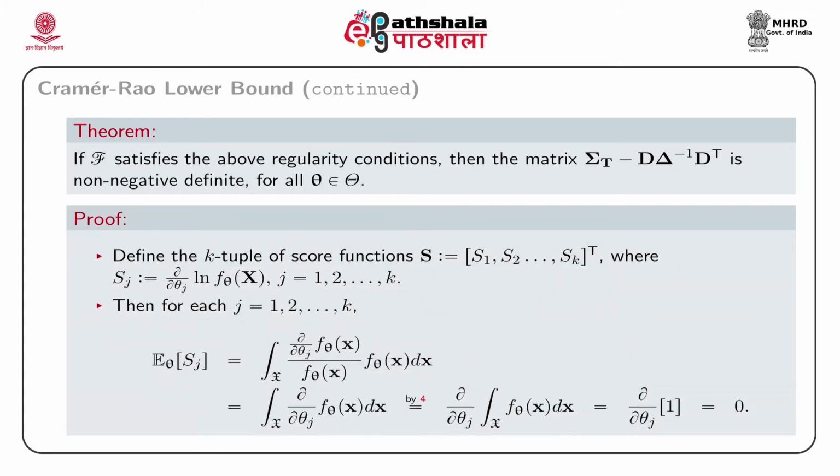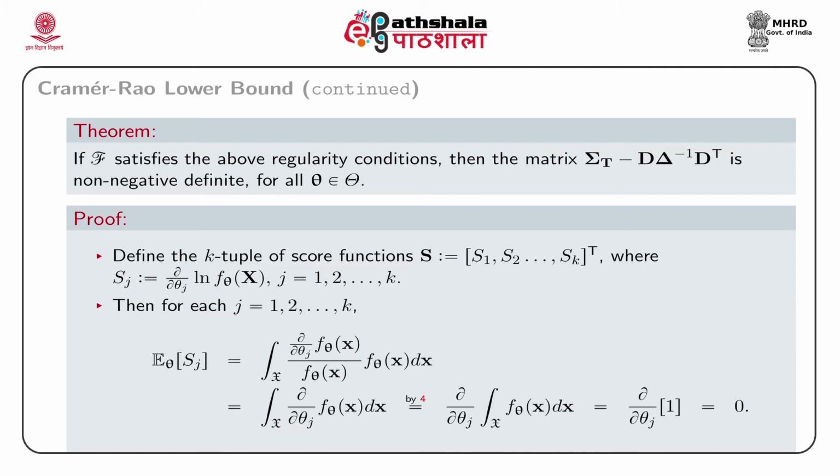Let S, which is equal to S1, S2 up to Sk, be the vector of score functions, where Si is defined by Si equals del by del theta i log f theta x for all i from 1 to k.